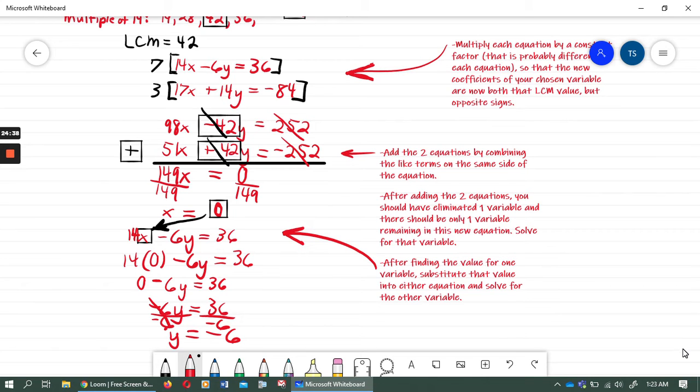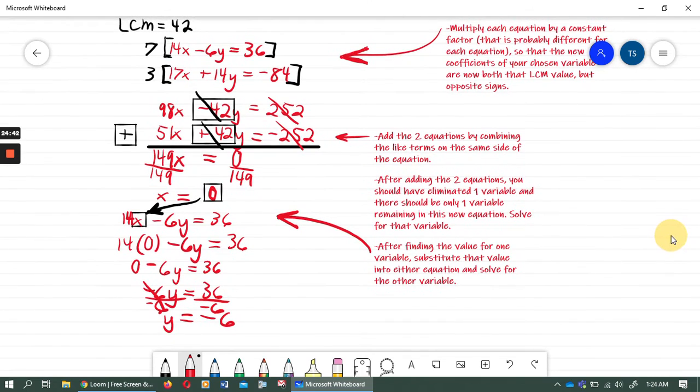Okay, guys, remember that we're not done here, because the way that we write our solution isn't just having an x value and having a y value. Remember that you've got to write that solution as an ordered pair, in the form of (x, y), with the parentheses, your x and your y, just like that right there.